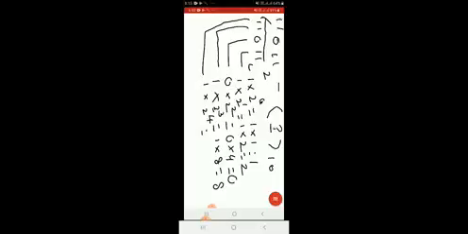So 2 into 8 is 16. So that is 1 into 16. 2 2s are 4, 4 2s are 8, 8 2s are 16. So this time you will get 16 as a decimal value for this last digit.